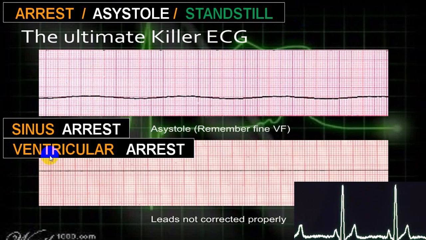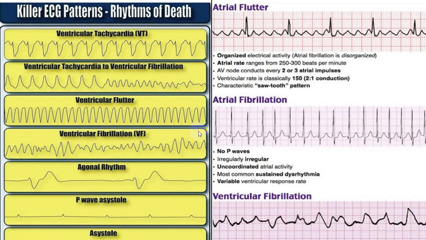If there is a ventricular complex followed by a similar line, we'll call that ventricular arrest. So ventricular tachycardia followed by ventricular fibrillation, ventricular flutter, ventricular fibrillation itself, agonal rhythm, P wave asystole or asystole.